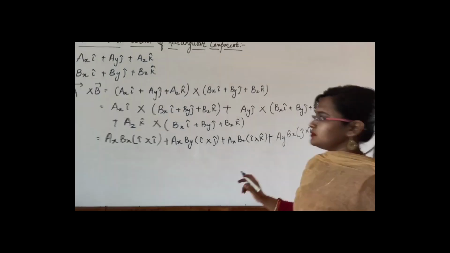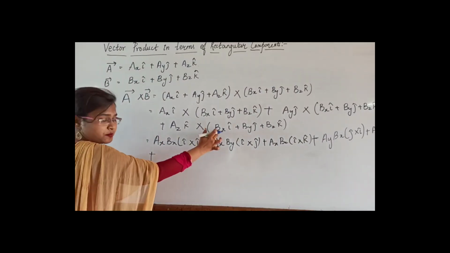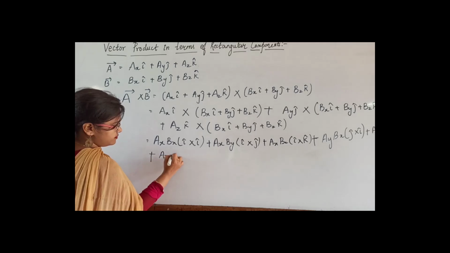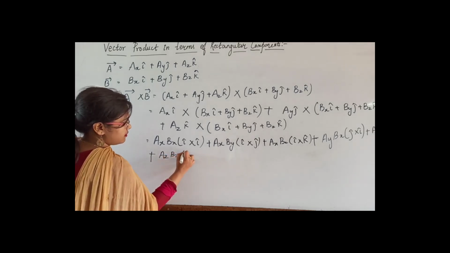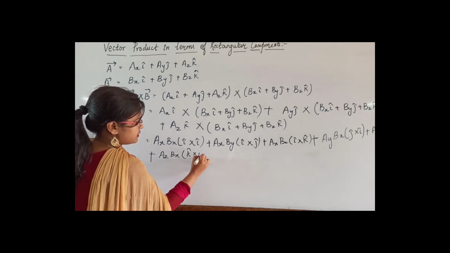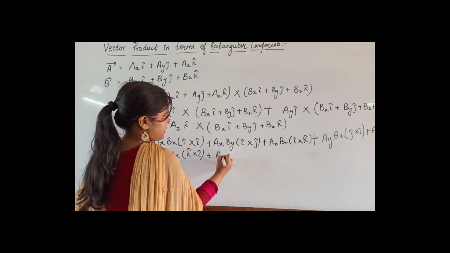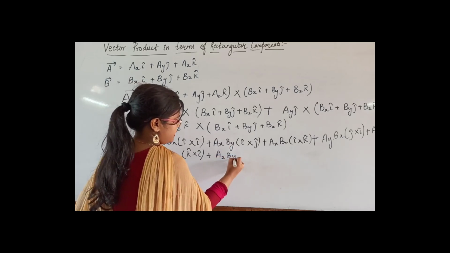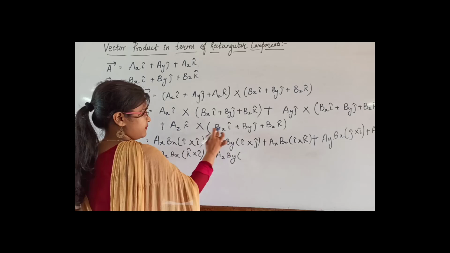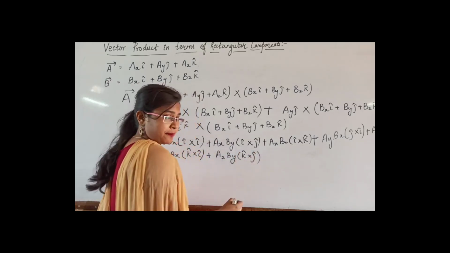Again, now let us solve the last bracket. Az Bx, k cap cross I cap, plus Az By, k cap cross j cap.